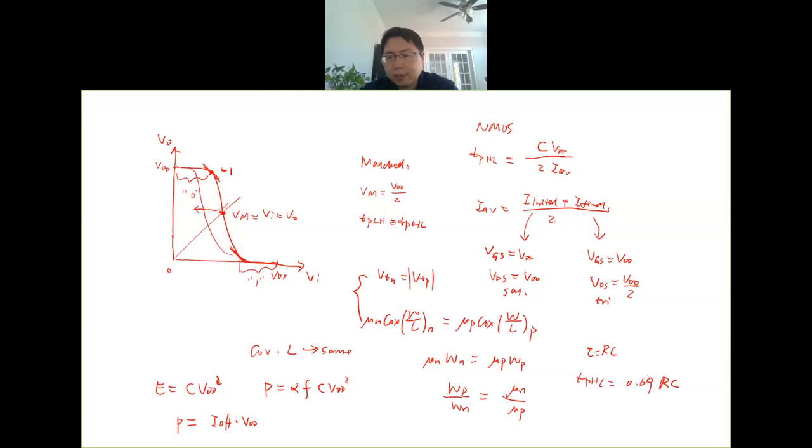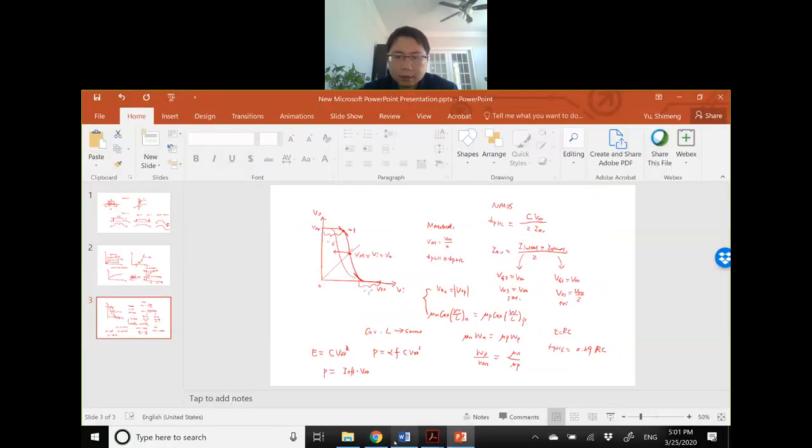This coefficient 0.69 is because we change the output voltage by 50%. 50% gives you the natural log 2, which is 0.69. So this is the RC equivalence. And in the test, I will let you know which method to use. If we use the average current, then you have to use that.